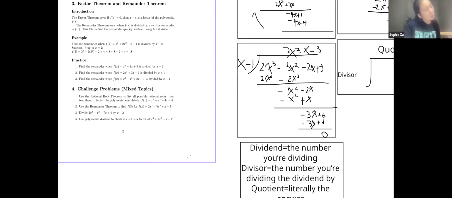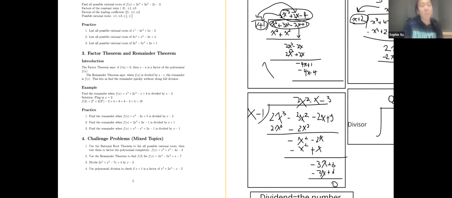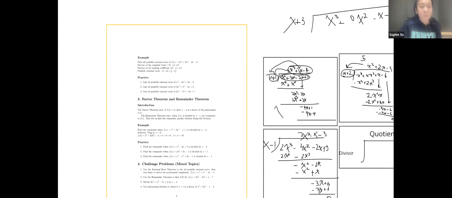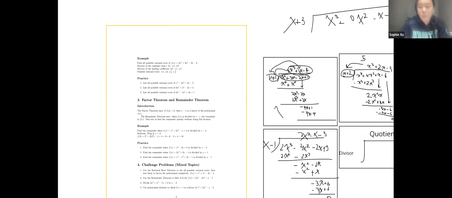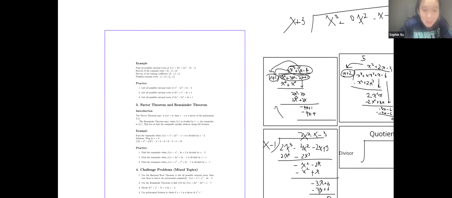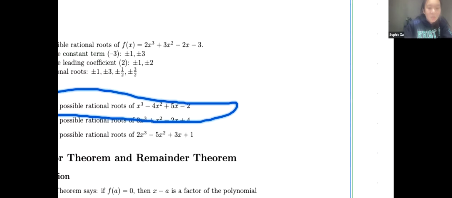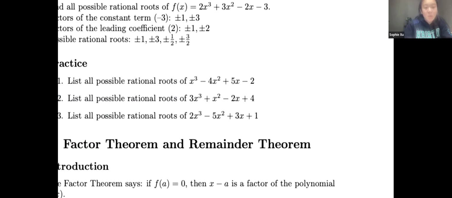Actually, no, the example problem already has stuff in it. Actually, yeah, do practice problem 1. There's an arrow button on top of the thing. Yeah, that. I can just screenshot it and put it in here.